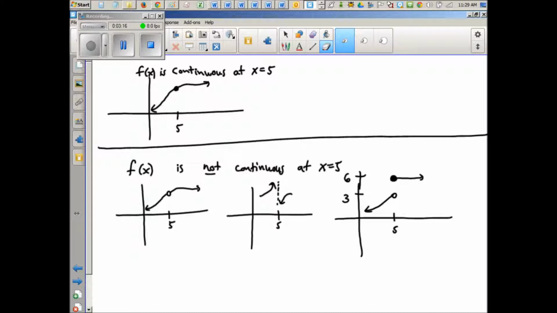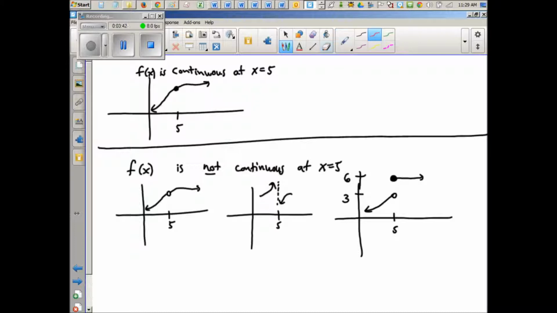Okay? Now, out of all 3 of these, which one do you suppose is most often mistaken for continuous? Which one looks the most continuous? The first one is kind of the least broken, right? You have one missing point, right? You have one missing point.